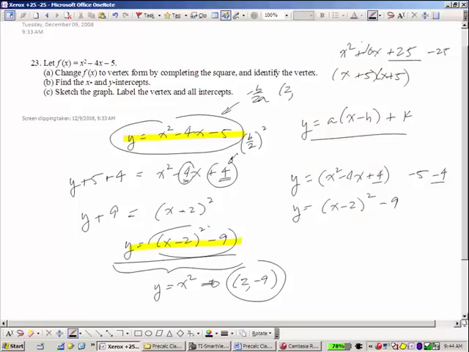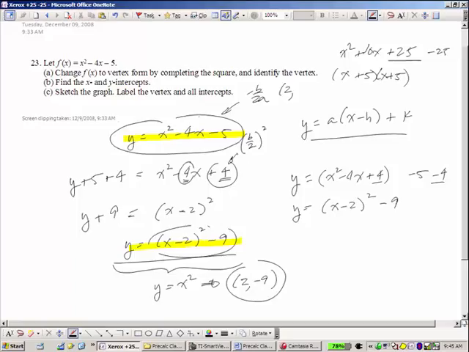And saying equations differently can sometimes help us. In this case, putting it in vertex form is screaming at you that the vertex is 2, negative 9.